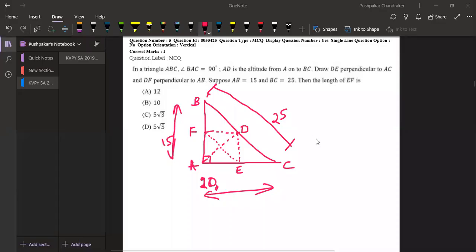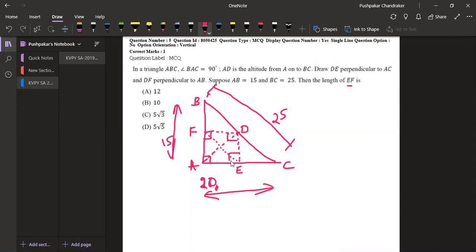Okay, I have completed drawing here. So they had given hypotenuse BC as 25 and AB was given as 15. So using the Pythagoras theorem, AC you can find as 20. Now they want the length of EF. EF is this length, connect points E and F. But we can easily see that because this angle is a drawn perpendicular, this is 90, this is also 90, so this angle must also be 90. So this is a rectangle.